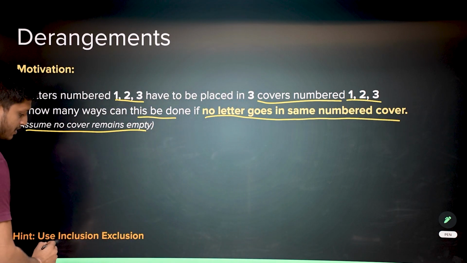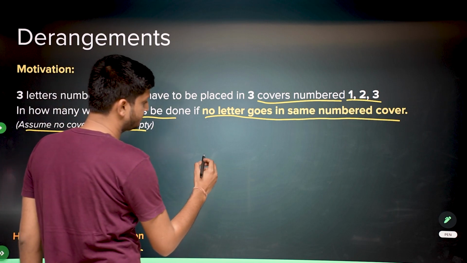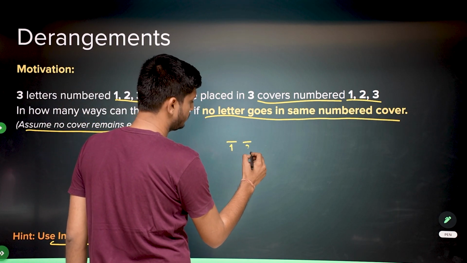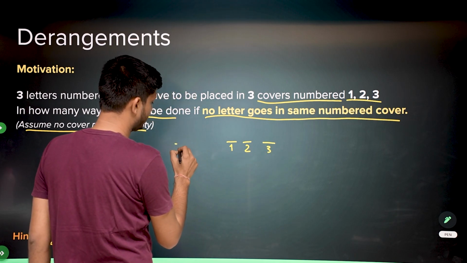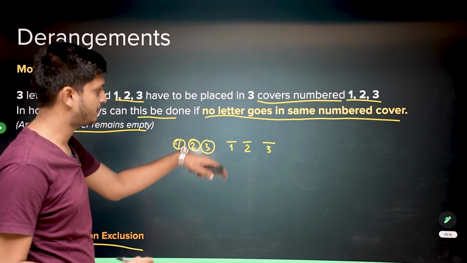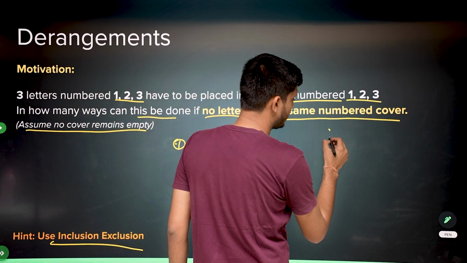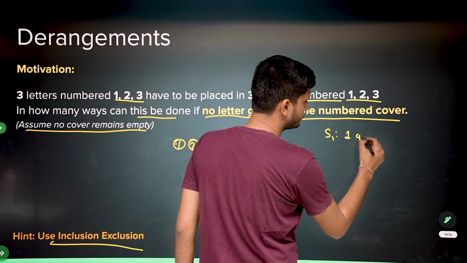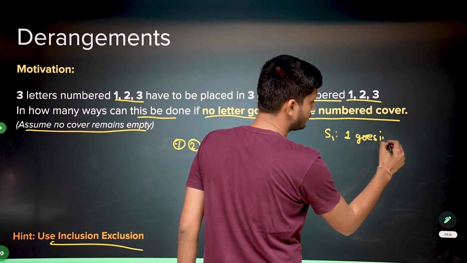So we will use inclusion-exclusion to solve this. So we have 3 covers, 1, 2 and 3. And we have 3 letters, 1, 2 and 3. Okay, we have to place them here. So again, inclusion-exclusion, let's say set S1 is what? Letter 1 goes in cover 1.